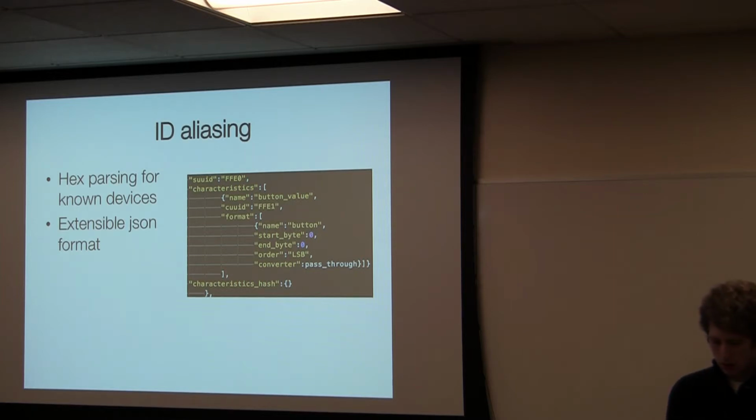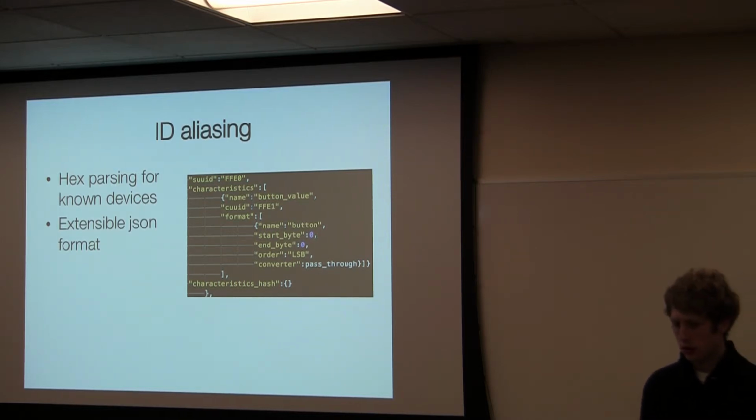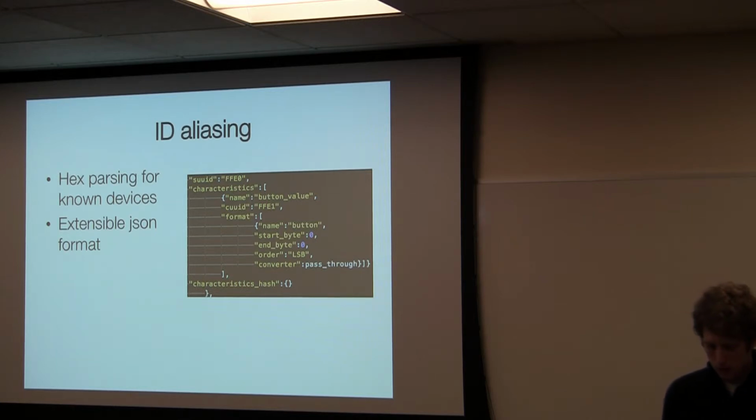So for certain known characteristics, we have pre-built JSON objects that specify a human readable value that you can use interchangeably with the long hex string, as well as a format or custom conversion functions to take the packed hex data from the characteristic and turn it into something more easily useful.